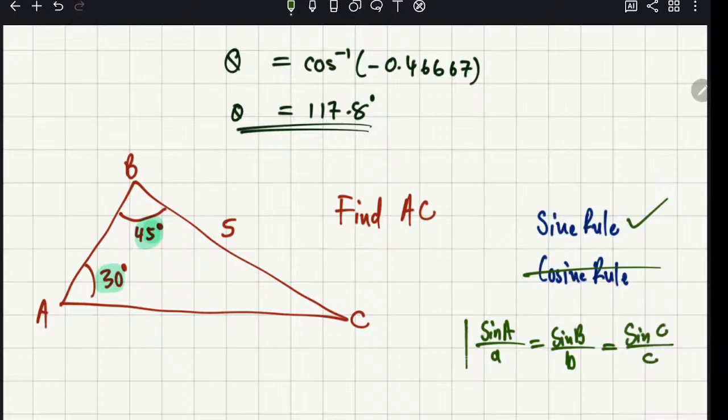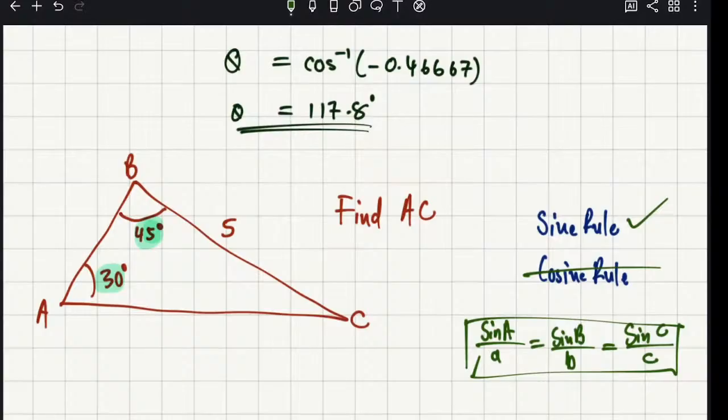So it's something like this. Sine big A over small a. It's for these letters. We have A, B, and C. So we use the sine with A, B, and C as well. Big A is on sine. So it's sine big A over small a is equal to sine big B over small b, which is equal to sine big C over small c. Now, what is big A and small a?